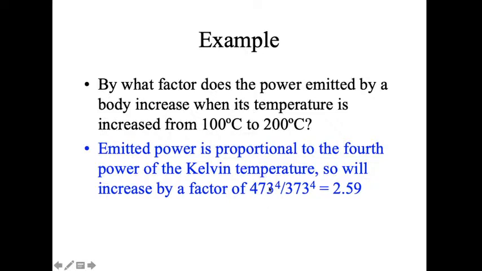So we get 473 to the power of 4 as our final temperature, divided by our initial, which is 100 plus 273 Kelvin. We get 373 to the power of 4 Kelvin. So we get 2.59, a factor of 2.59 increase of the power. So we're changing our body's power by 2.59 times.